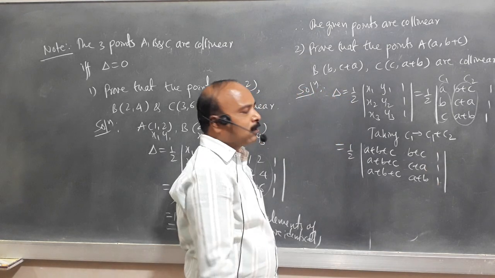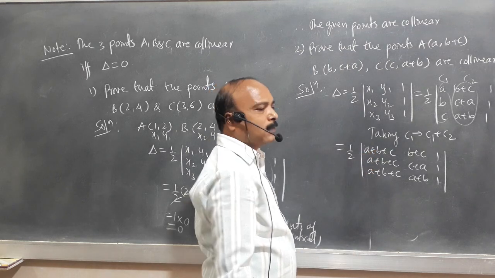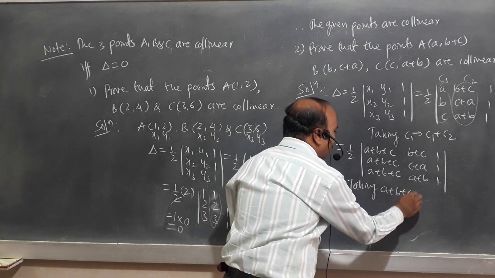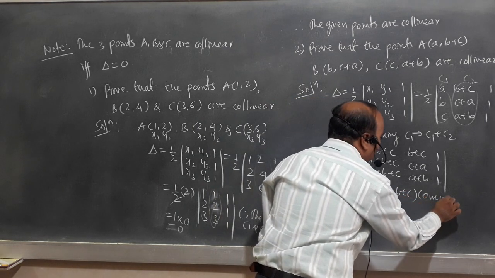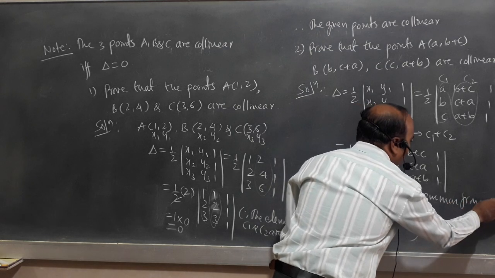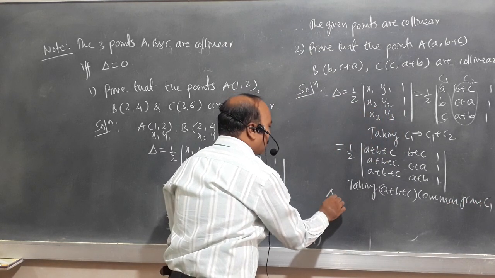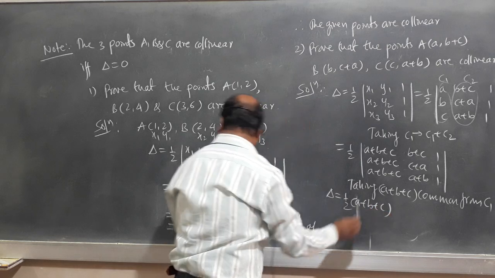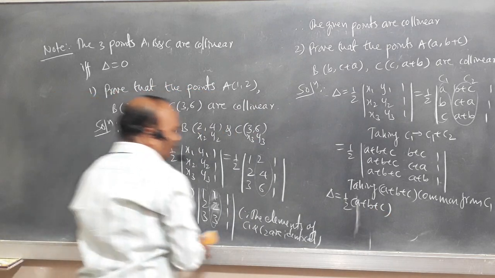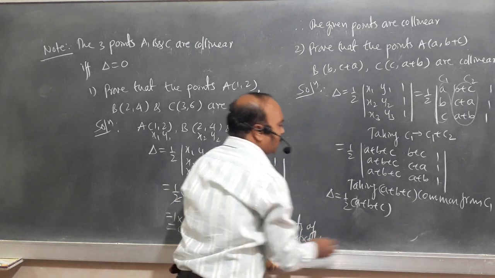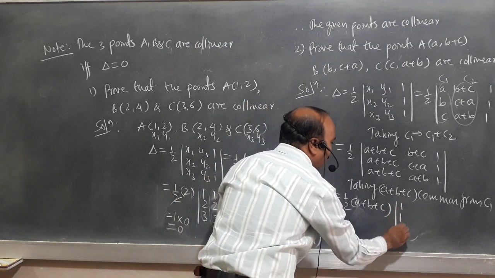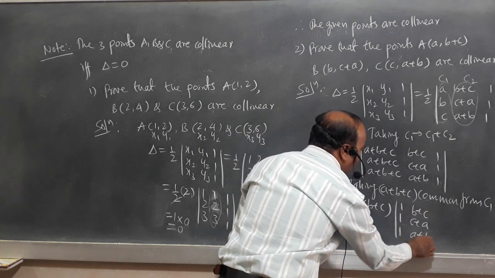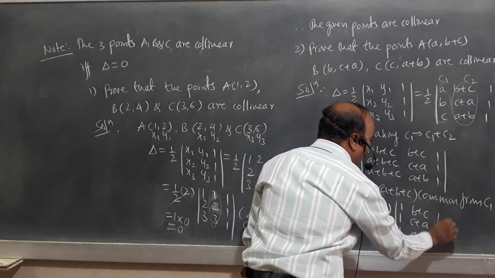Now we can take a plus b plus c common from C1. We get delta equal to 1 by 2 into a plus b plus c outside. Now the determinant changes to first column 1 1 1, second column b+c, c+a, a+b, third column 1 1 1.